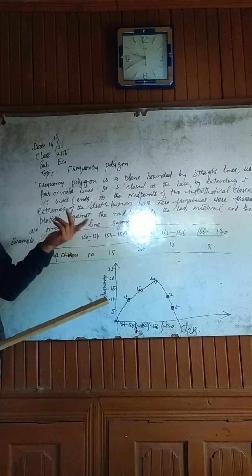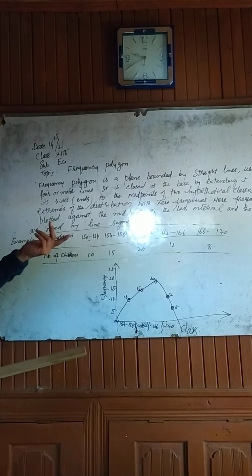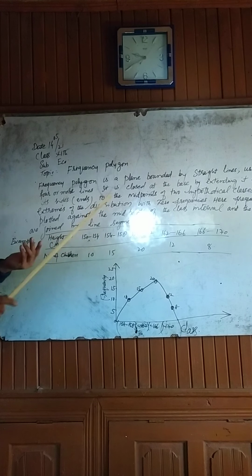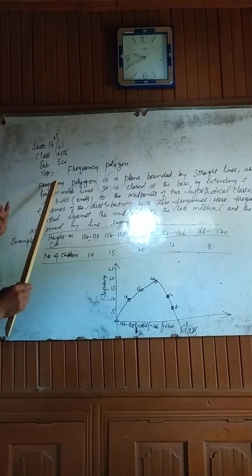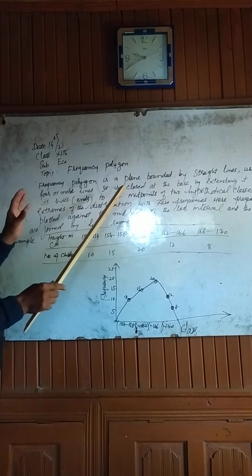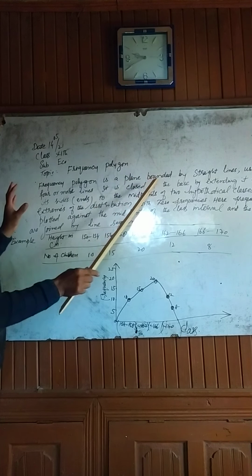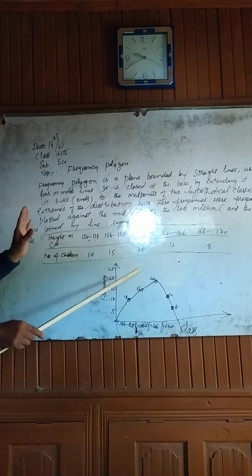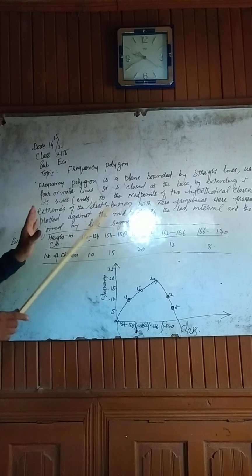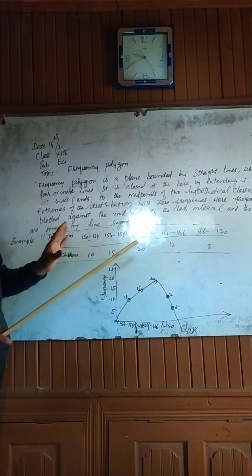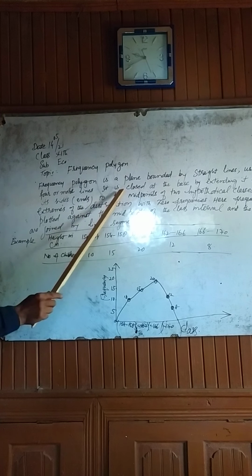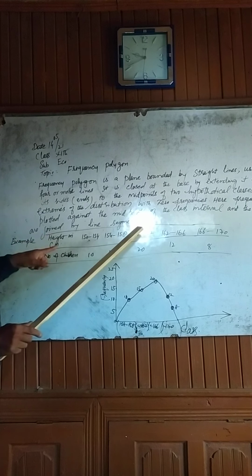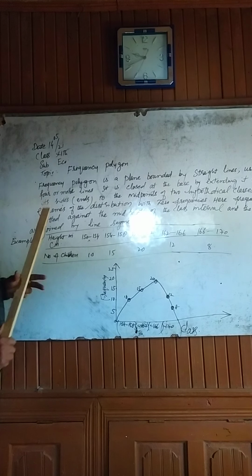Just as in geometrical figures we know about rectangles, squares, and triangles, similarly, frequency polygon is a plane figure bounded by straight lines, usually 4 or more than 4 lines. But one thing should be noted, that it is closed at the base. These lines are closed at the base by extending them on both sides of the extreme index.